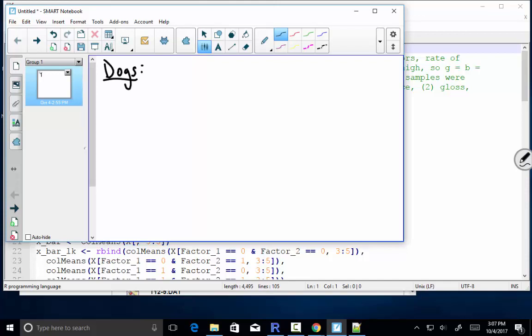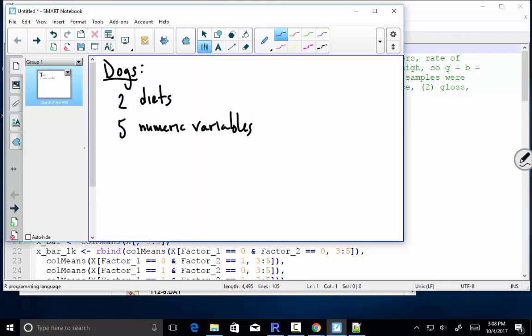And for each dog, there are 2 diets and 5 numeric response variables. For each dog, they are given a diet, a type of food, and then 5 numeric variables are measured on them.